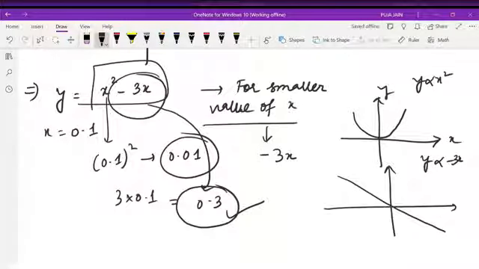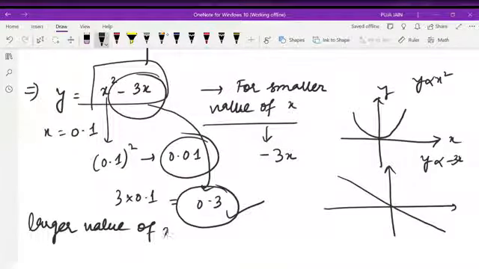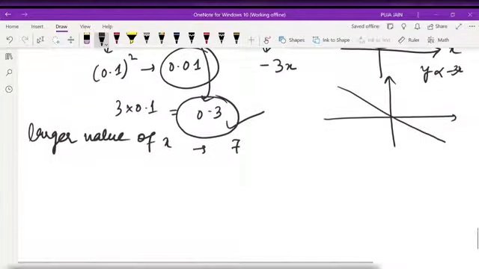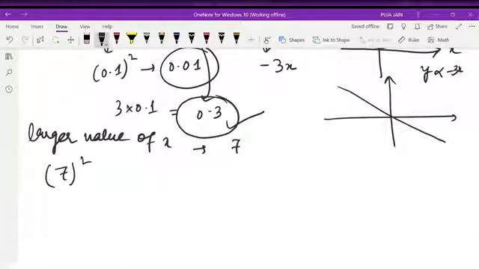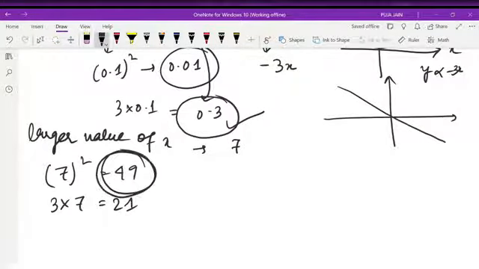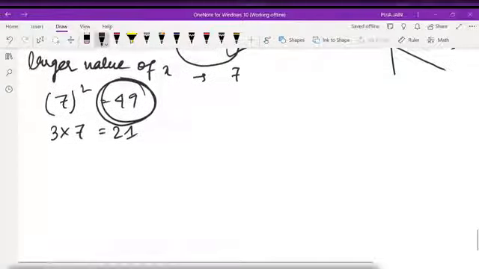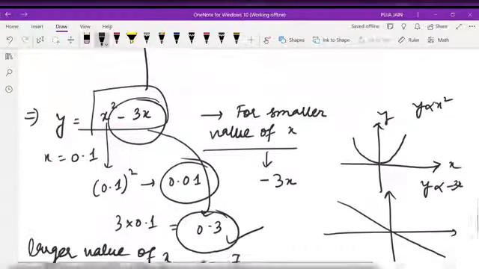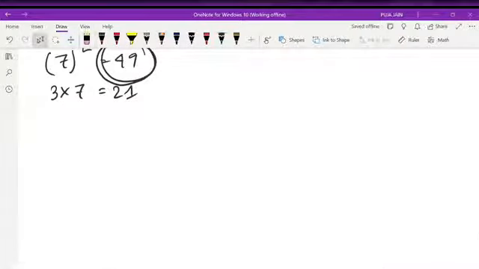And for a larger value of x, suppose x is 7. Then 7 square is 49, and 3 into 7 is 21. So which term do you think will dominate? This term will dominate, right? So for a smaller value of x, minus 3x will dominate, and for a higher value of x, x square will dominate.